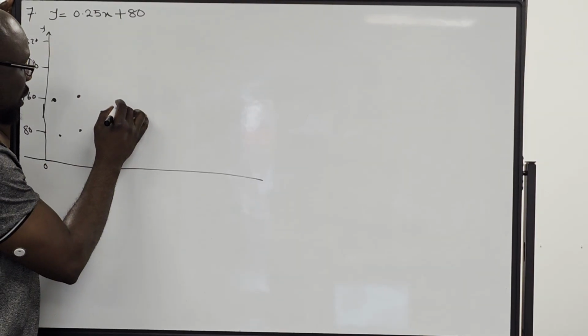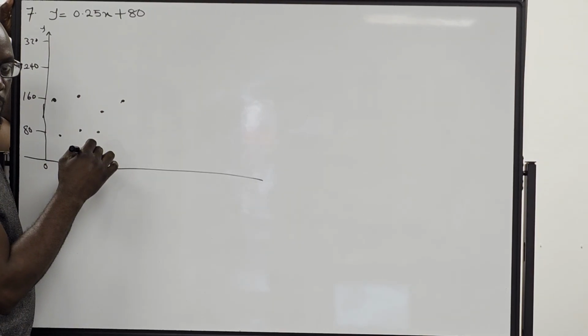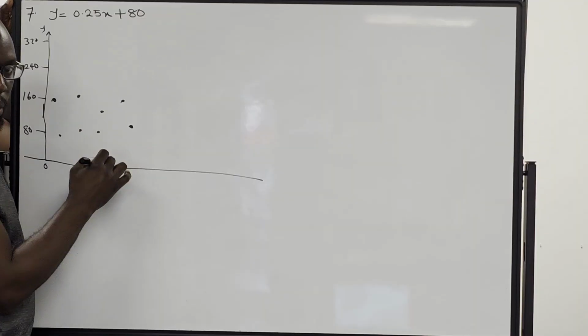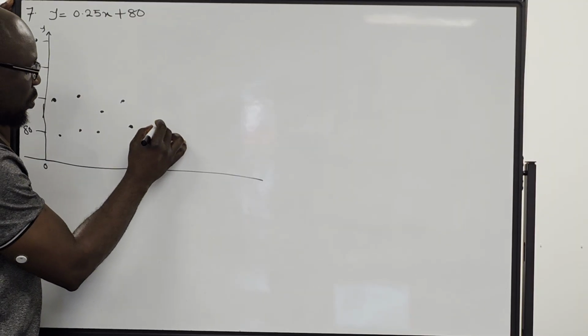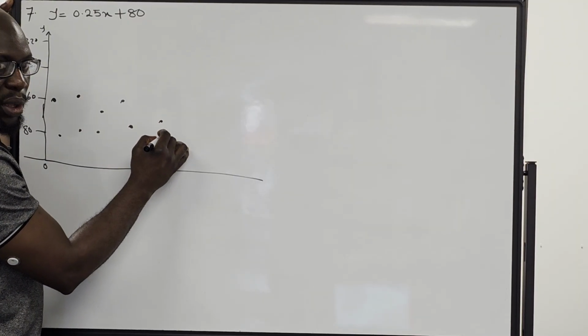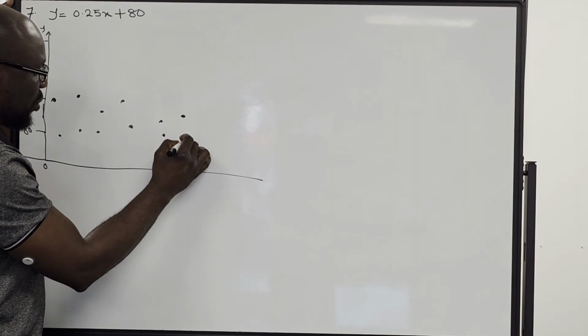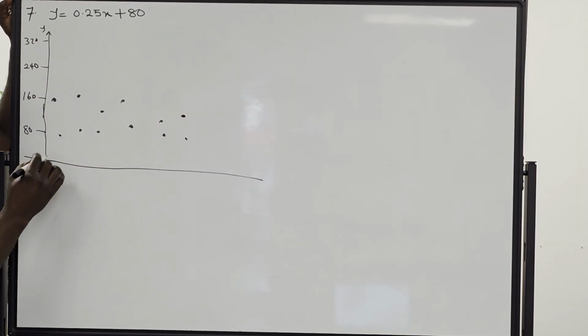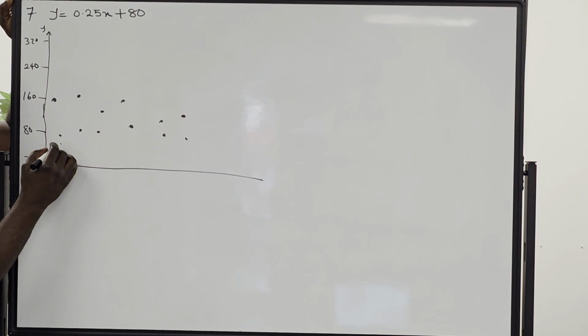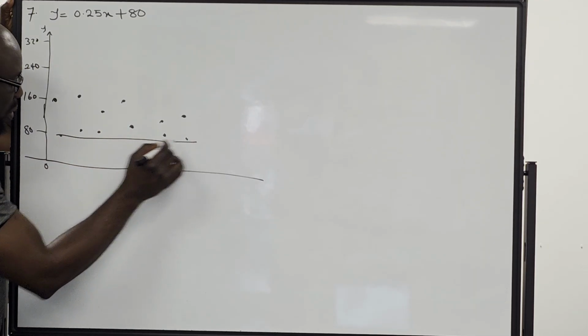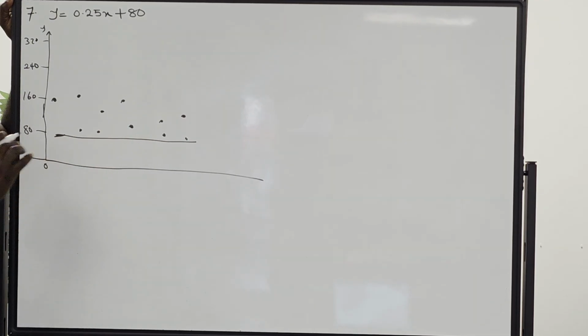Then we have another one here, and we have one here. And then we have two more, one here, one here, one here, one here. And they give us a line that went this way. Mind my drawing a little bit.